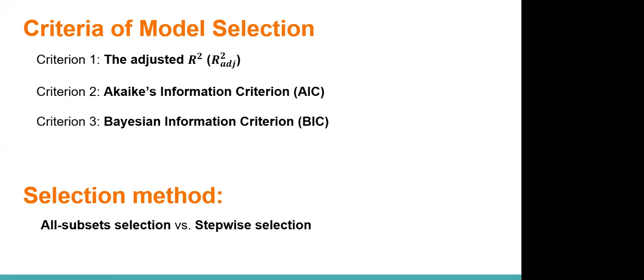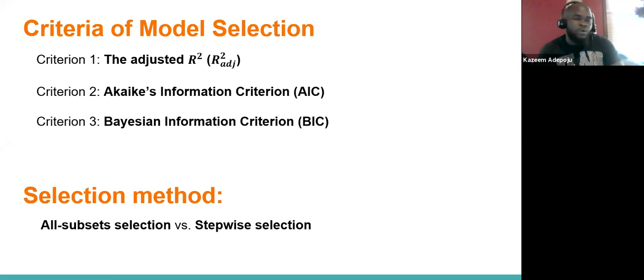Are you guys hearing me? Yes. Okay, is there anyone who needs clarification on the criteria of model selection before I move to the selection method? Okay, I think silence implies that you guys are good.